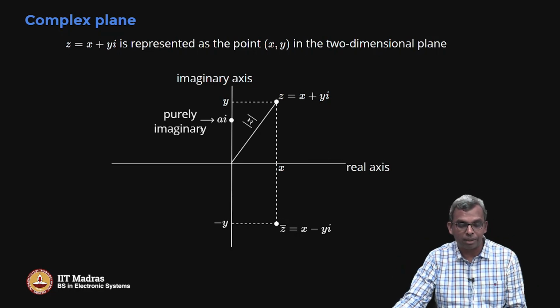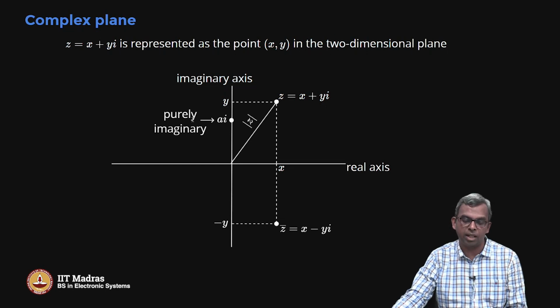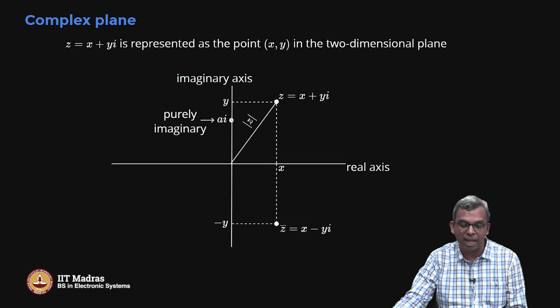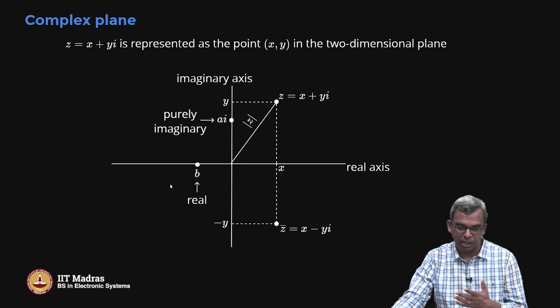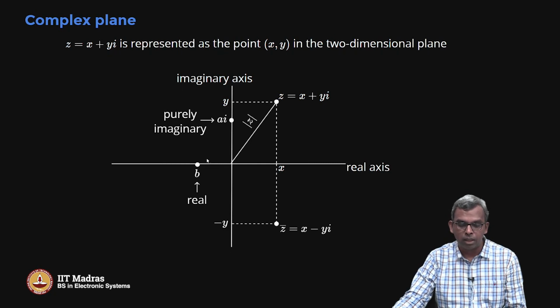A few more examples. The numbers on the y-axis, or the imaginary axis, are called purely imaginary. There's nothing real about them because they have ai, bi, 2i, pi, any number you take on the imaginary axis. Likewise, any number on the real axis is purely real, or just real. There's no imaginary part to it. Of course, most of the numbers are going to be like x plus yi.